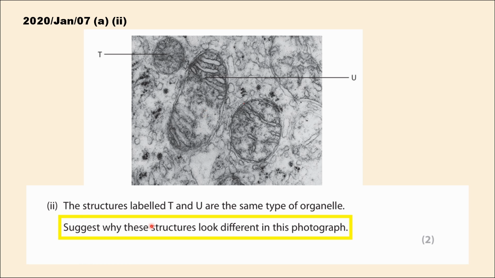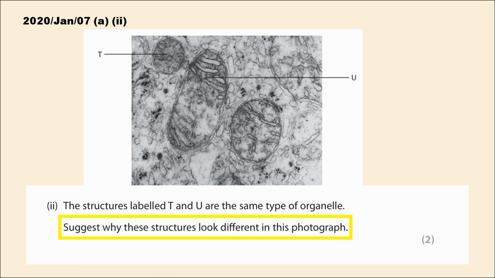In this question, they have stated that T and U are the same type of organelle, but they look different. And the question is, suggest why these structures look different in this photograph. If your command word is suggest, then you have to think out of the box and come up with logical answers. These questions are not directly from your theory. You have to think and write.